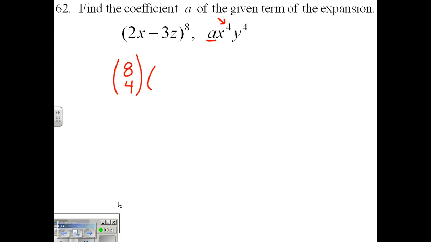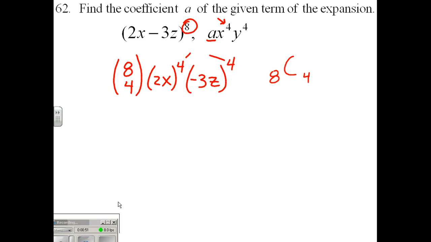Then I would have 4 2x factors. And how many negative 3z factors? Well, my 4 and this exponent have to add up to be 8, so I need 4 of these.